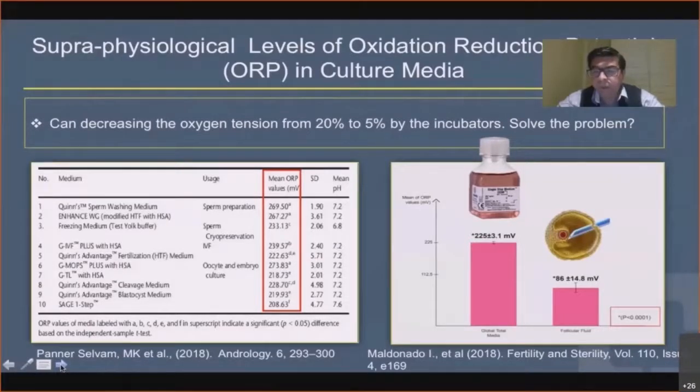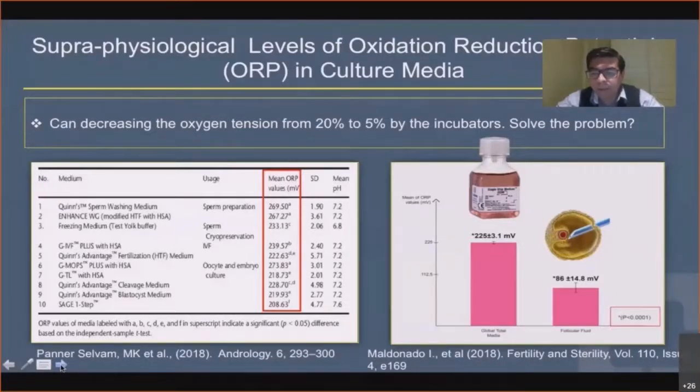To answer this question, it's necessary to mention that in 2018, the group led by Dr. Agarwal demonstrated that the levels of oxidation reduction potential, also called ORP, present in several types of embryo culture media are significantly different among them. You can see these reported values in this chart located at the left side of this slide.